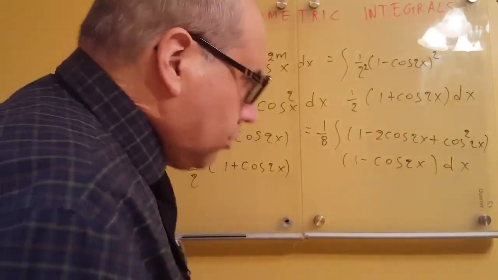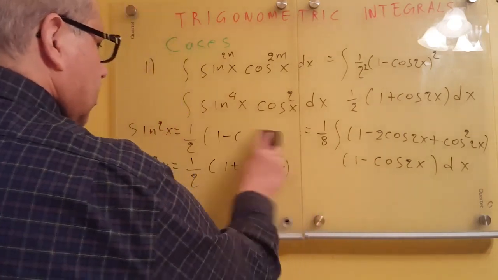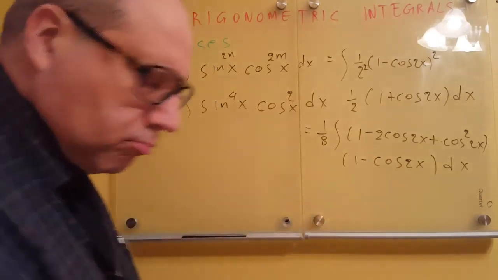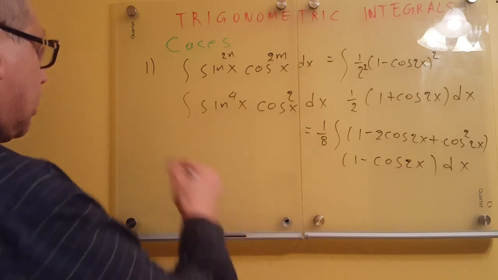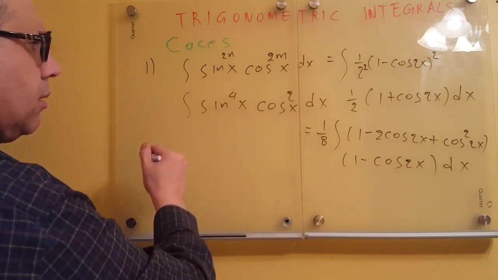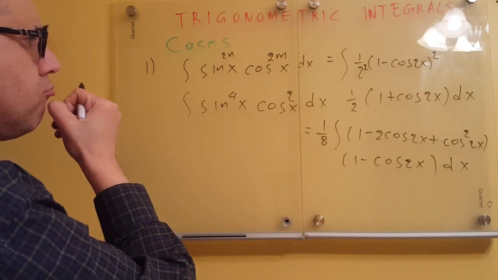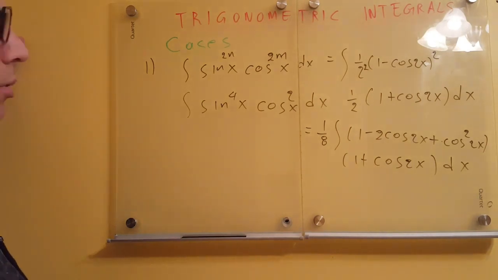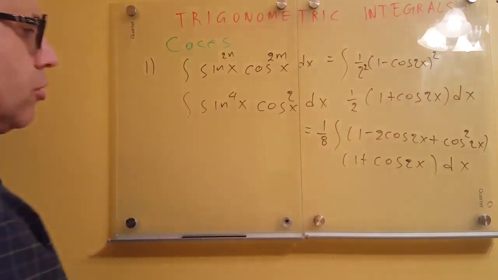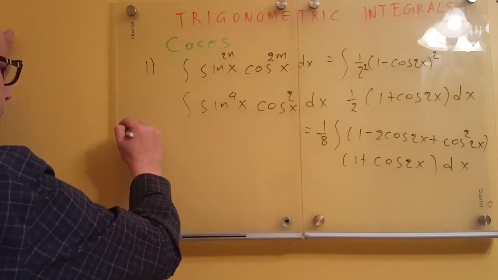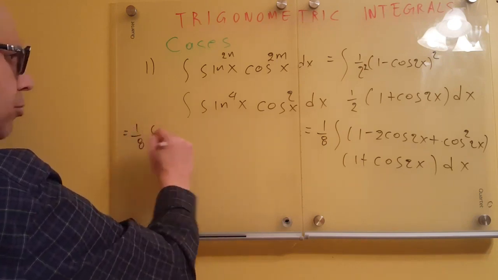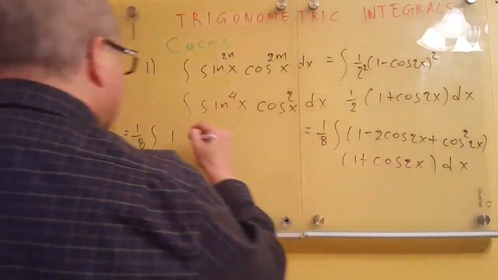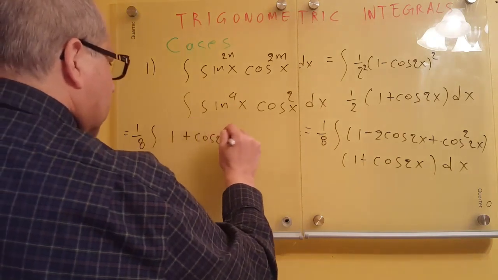So now let's do the operations to see what we have. We have 1/8, and then if you do the multiplication, 1 times 1 is 1. 1 times cos 2x is plus cos 2x.